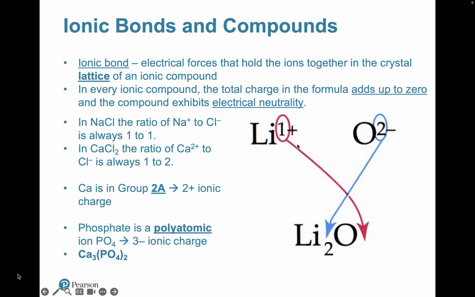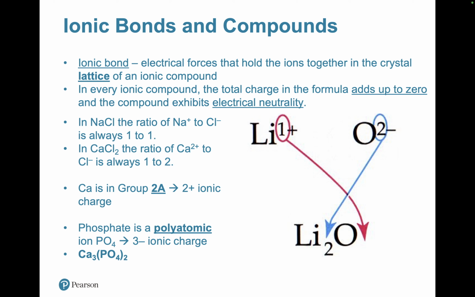So the 1 right here from lithium just comes down to be the subscript of the oxygen. And in chemistry, when nothing is there, we just assume that it's 1. And then the 2 from the negative 2 charge of oxygen will come out here and be lithium's subscript, which means there are 2 lithiums, right? So that's one thing atoms can do too.